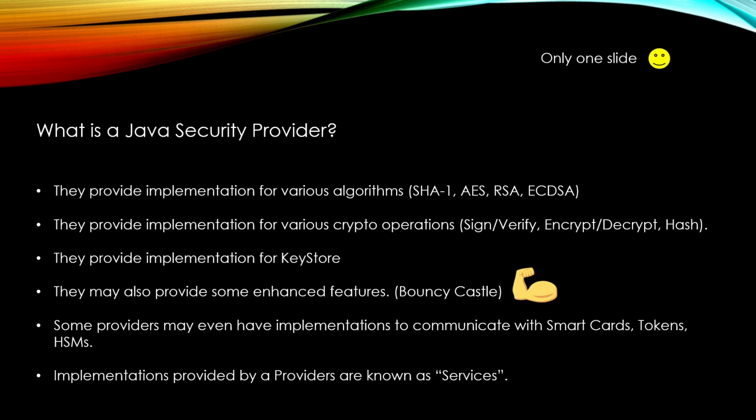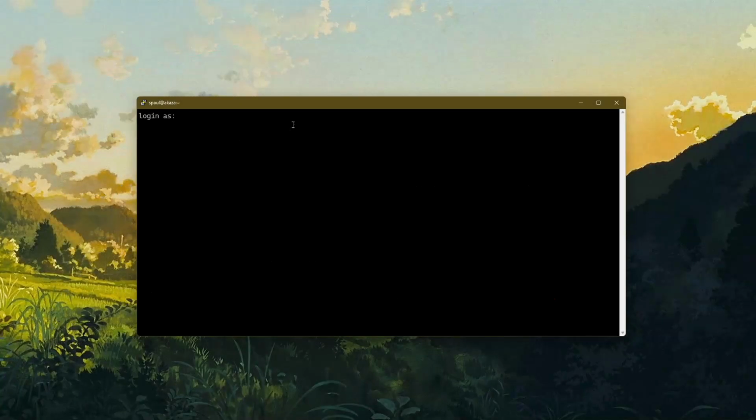Do you want to use some basic crypto operations? Use SunJCE. Do you want your app to talk to a hardware security module? Well, use SunPKCS11. Do you want some enhanced features like ASN1 encoding? Use Bouncy Castle. I'm going to log into my Linux virtual machine now and show you how these providers work.